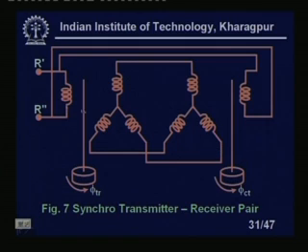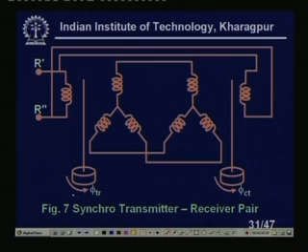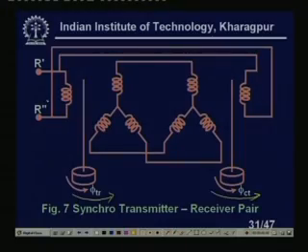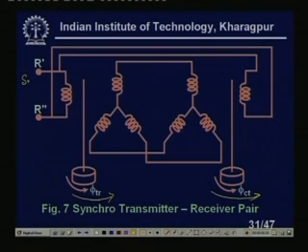So, whatever rotation I give to phi TR, the same angle will be given to phi CT, and the control transformer rotor will rotate by the same angle. There will be no error between phi TR and phi CT because those two rotors are connected together. I am giving a single phase supply here, and a single phase supply here.